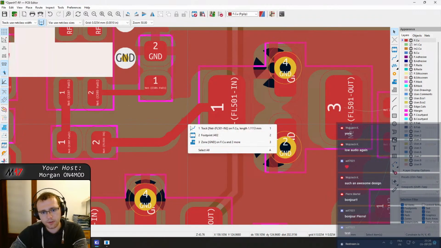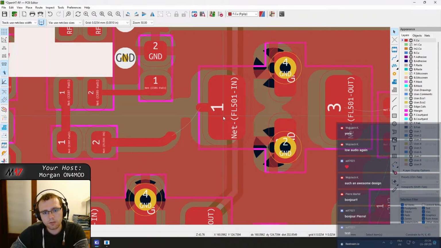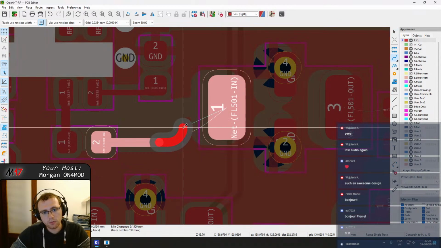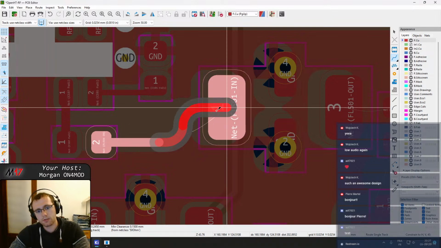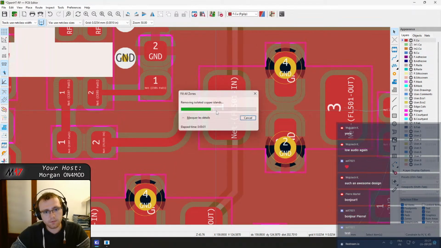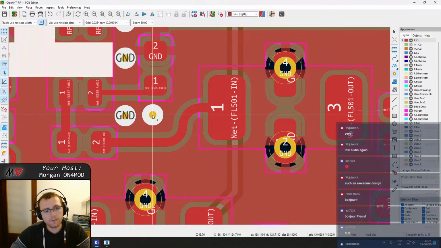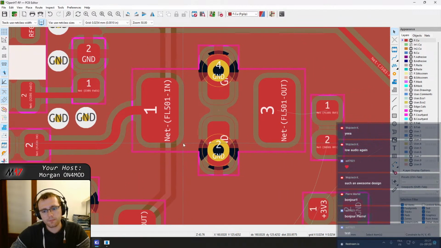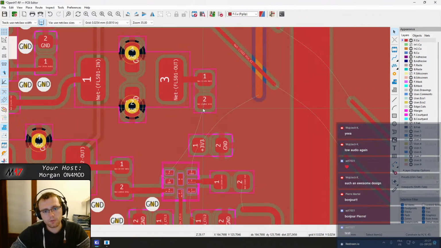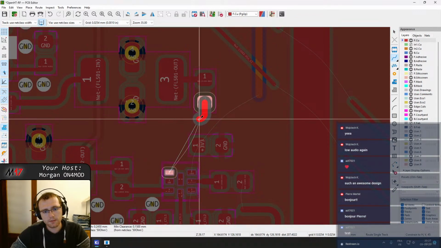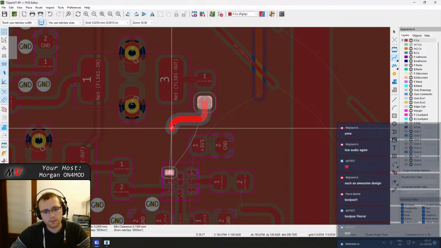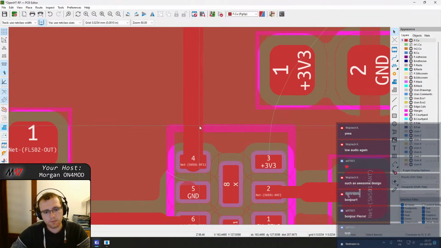That's one of the annoying things with the rounded tracks, is that they can't be dragged like other tracks, or at least I didn't find a way to drag them correctly. Okay, this is better. So, like this.